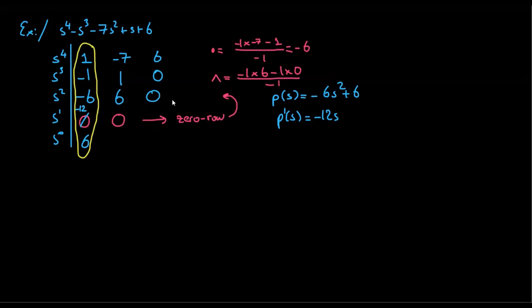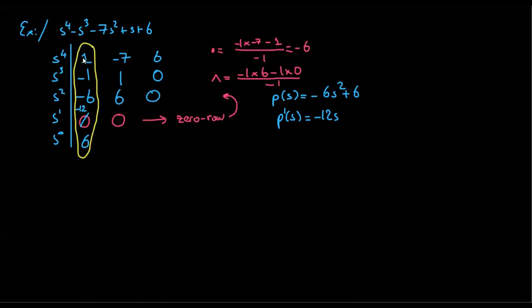Okay, I already know, since I encountered the 0, some of the poles are either on the imaginary axis or in the right half plane. So the system is unstable. But let's say we would like to find out how many poles have positive real parts. So I will inspect these sign changes, tracing the first column from top to bottom.